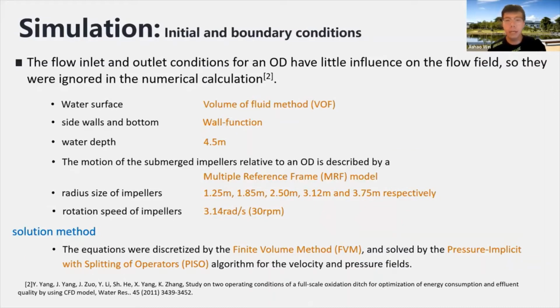Here are the initial and boundary conditions. One thing to note is that since this study considers the influence of the single factor, radial size r, on the average velocity of the cross-section, the rotation speed of the impellers is set as a fixed value, 3.14 radian per second.